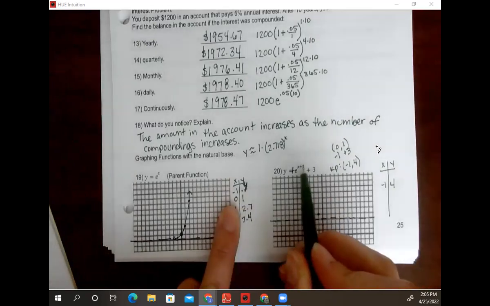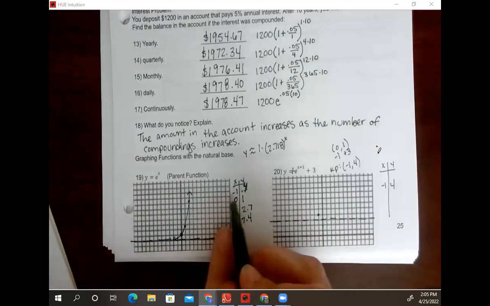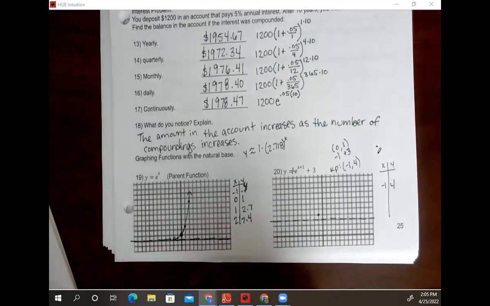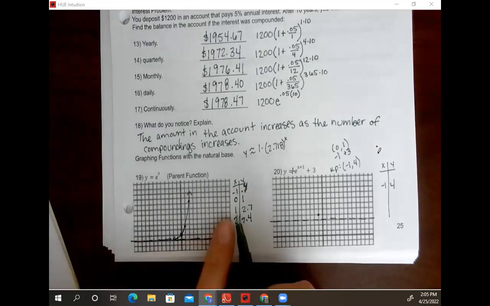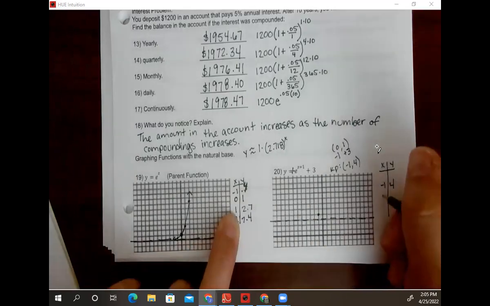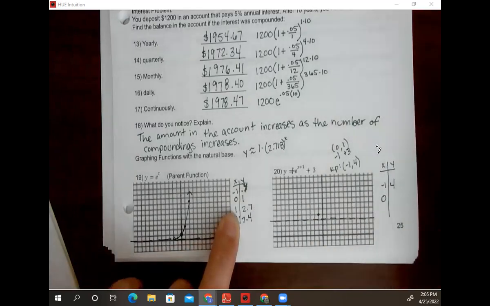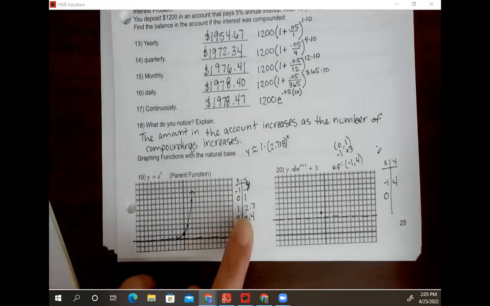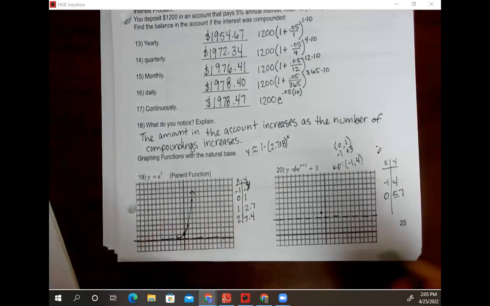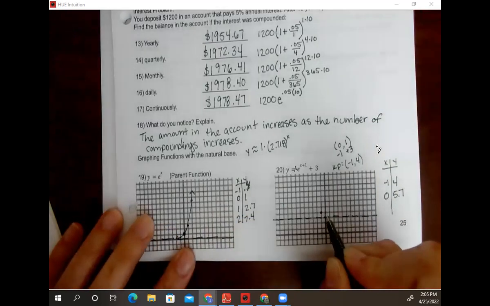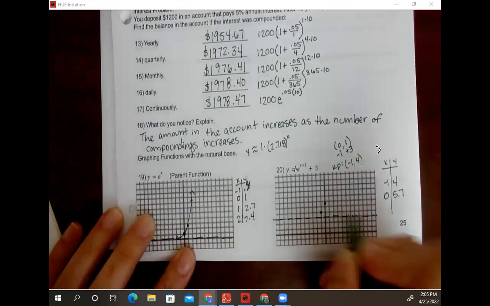So up 3 units and right 1. So I could actually find all the other points on my graph by shifting these to the left one. I believe I said right one a second ago. To the left one, sorry, and up 3. So if I shifted this back to the left one, that would be the point 0. My x coordinate, I should say, would be 0. And then up 3, that would be about 5.7. So 0, 4, 5.7.